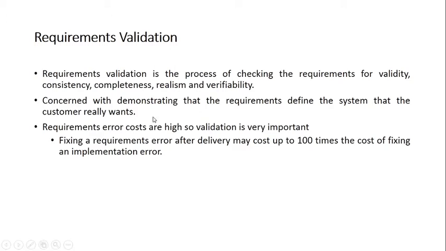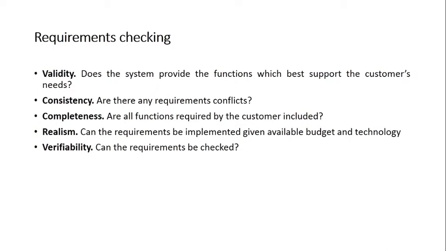Fixing a requirement error after delivery may cost up to 100 times the cost of fixing an implementation error, right? So if you fix it here, it will take less time and cost, but if it gets propagated and you test it later and then try to make the corrections, it will take more time and cost.